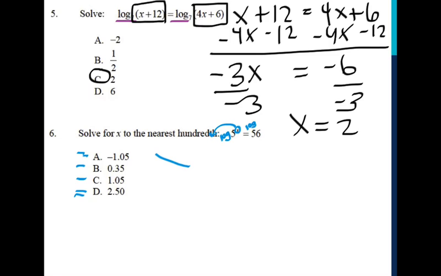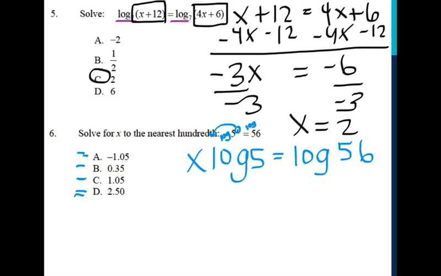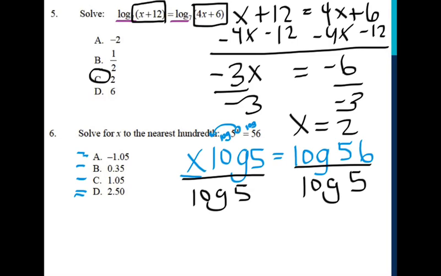So it becomes x times log of 5 equals log 56. I need x by itself, so I divide both sides by log of 5. Then type into your calculator log of 56 divided by log of 5. You will get 2.5. So that means your answer is D.